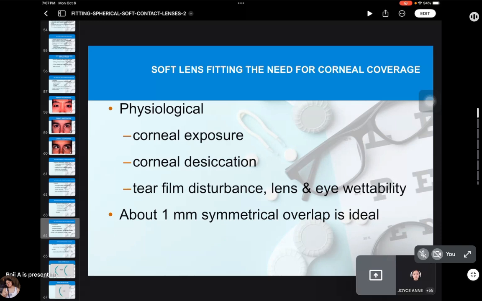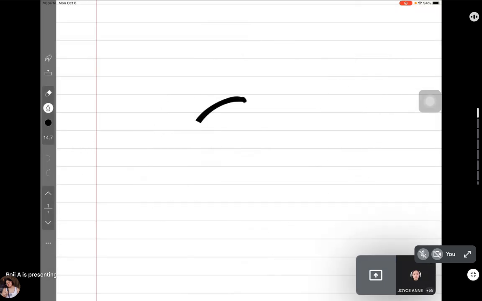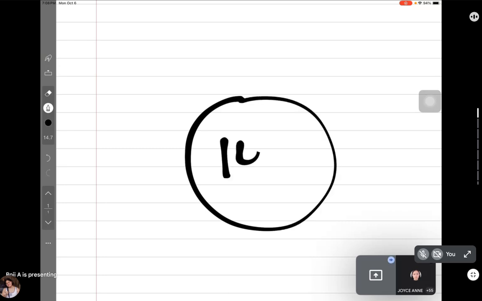lens and eye wettability. About 1 millimeter symmetrical overlap is ideal. So the overlap, as I've said, for example, if I have a 10 millimeter, the ideal is 12.